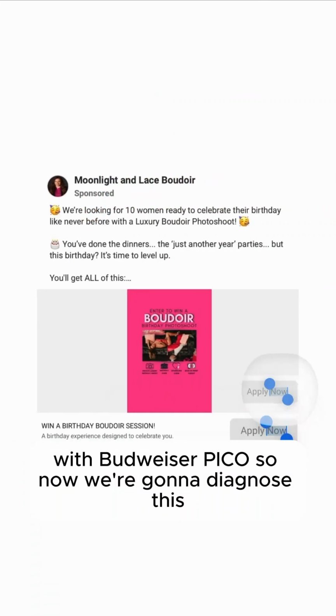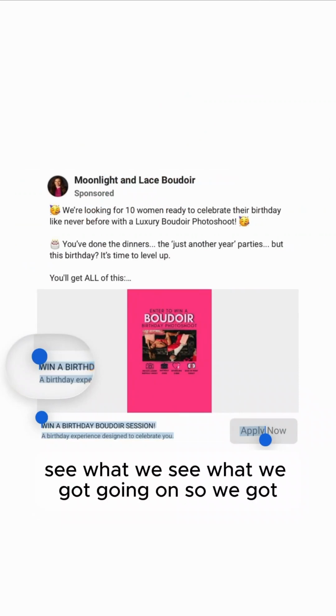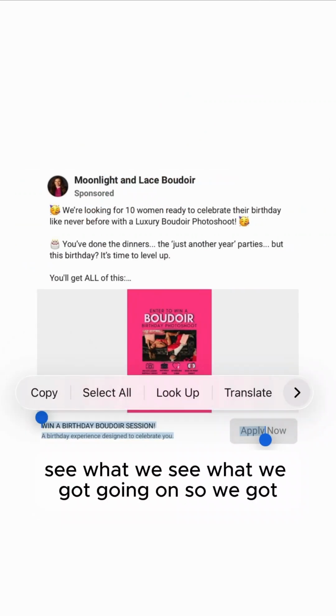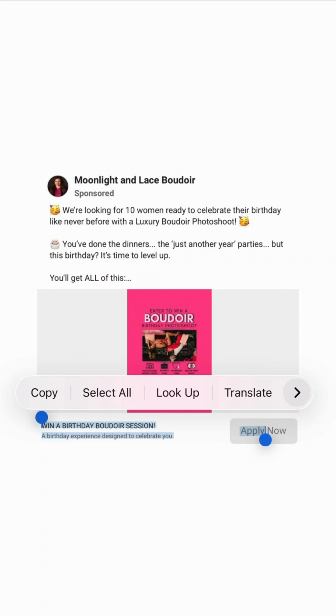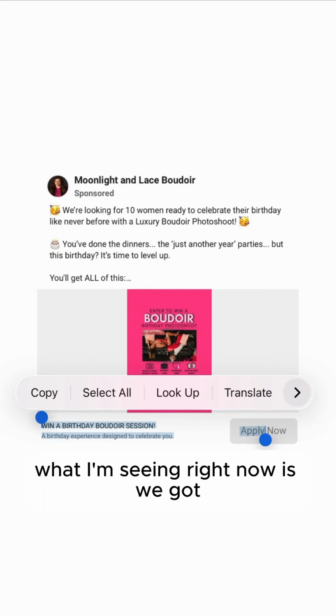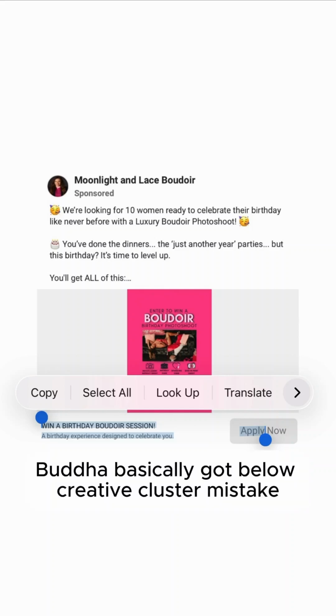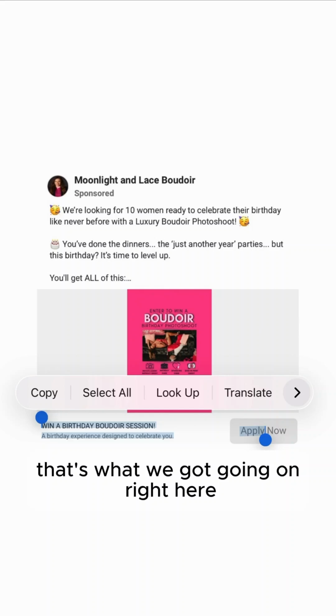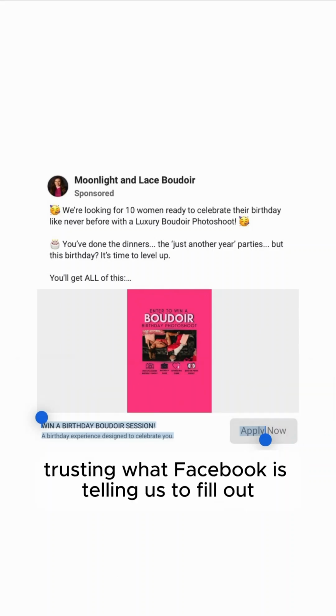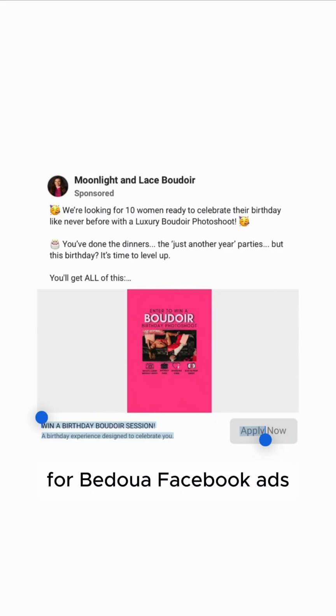So now we're going to diagnose this, see what we got going on. Here's what we got. What I'm seeing right now is we got below creative cluster mistake. So we're actually trusting what Facebook is telling us to fill out for our Boudoir Facebook ads.